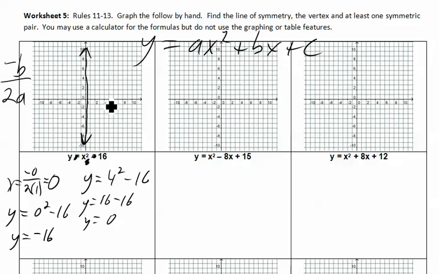So if x is 4, y is 0. And if we count over to the line of symmetry, 1, 2, 3, 4, and we do the same thing on the other side, 1, 2, 3, 4, we get another point. These are symmetric pairs, same distance. Now we should be able to draw a parabola pretty well.